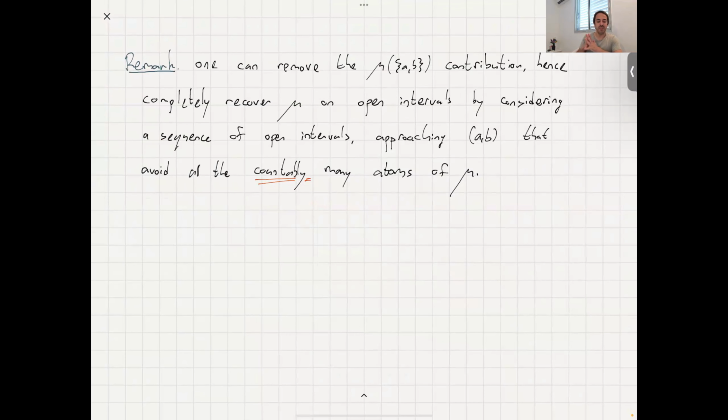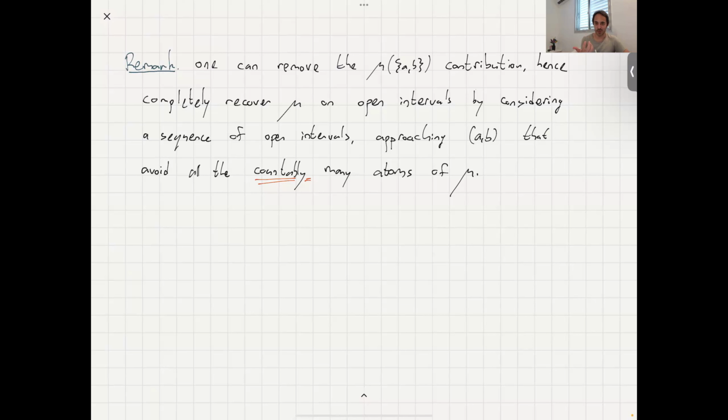Now, one remark. I still didn't tell you how to really get mu of, technically speaking, the open interval, because these two annoying atoms were there, the actual a and b. But the point is that you can show that there can only be countably many atoms, namely countably many singletons with non-zero measure in a probability measure.